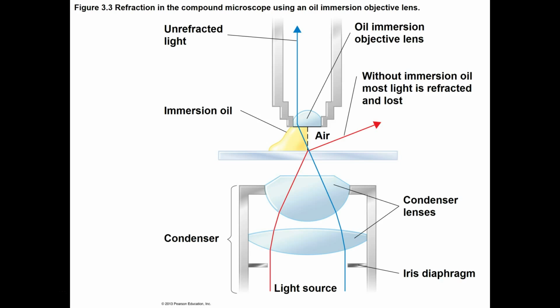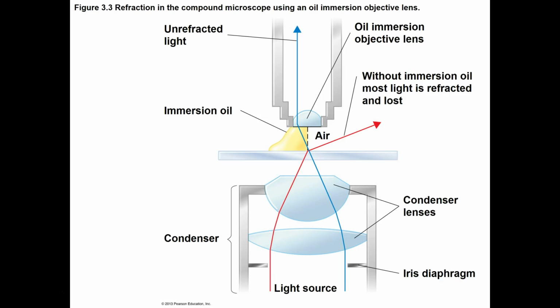The hole on the lens is so tiny that normally not enough light from the specimen reaches your eye. In the diagram, you can see that light is passing through the condenser lenses, and then as it gets to the slide, light is scattering away from the lens. That's refraction.